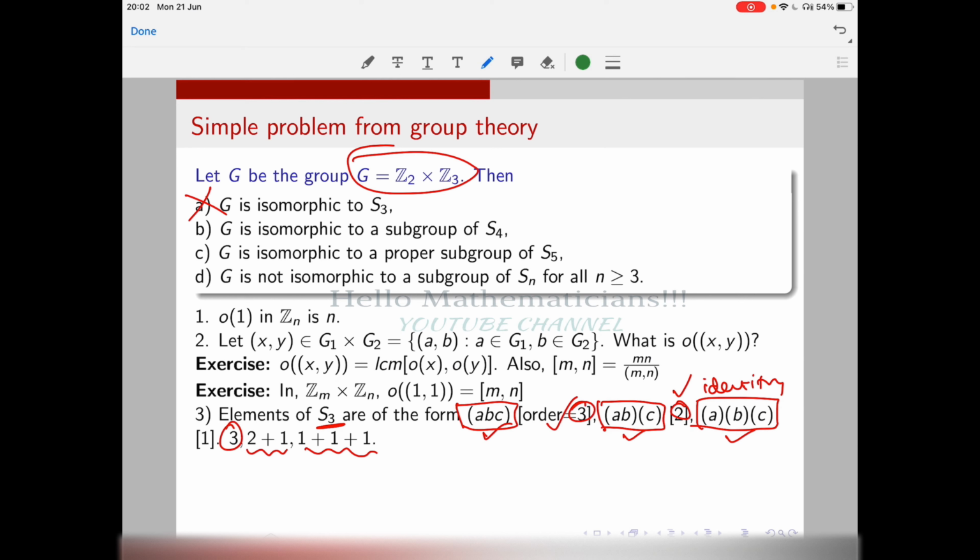So again, if you understand this problem clearly, you can answer any other question asked in Z_m cross Z_n also. And I am saying many results regarding S_n also, you can answer questions regarding S_n also. So I am trying to give a very detailed solution so that these ideas can be used in different problems also.